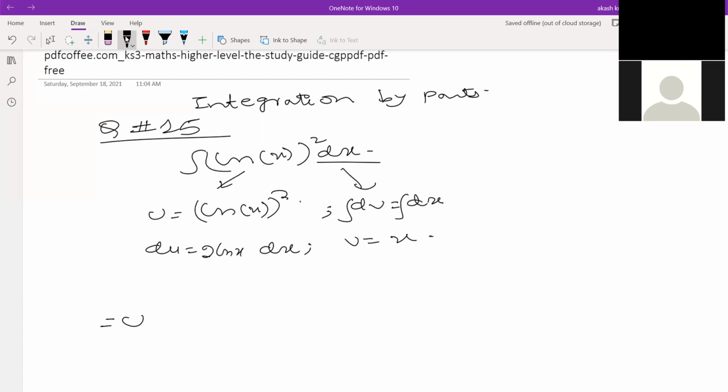So it is 2 ln x, and the derivative of ln x, which is 1 over x. So du is equal to 2 ln x over x dx.